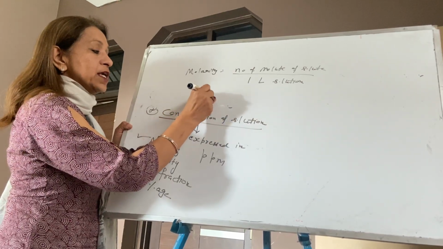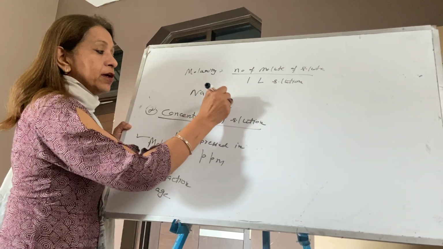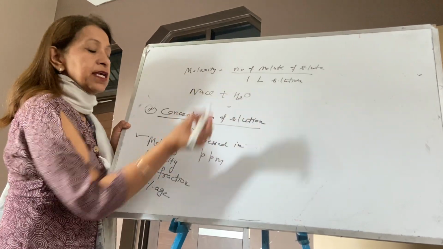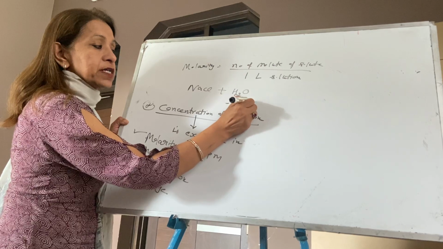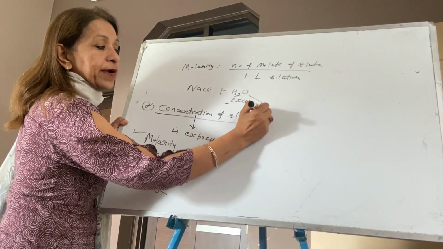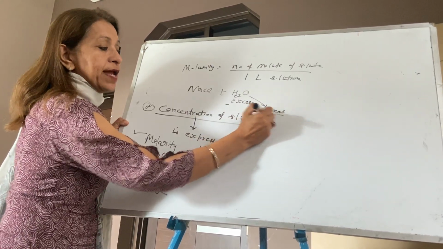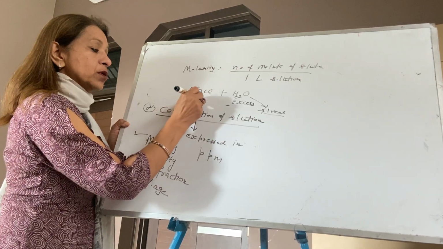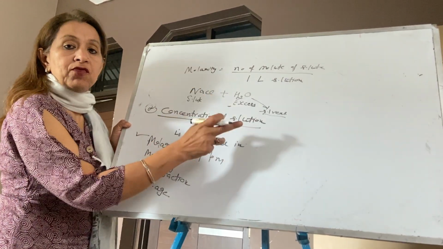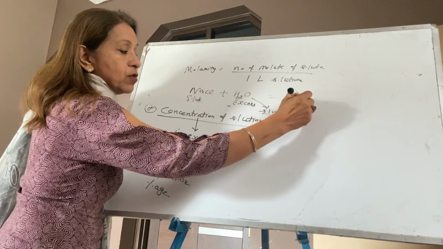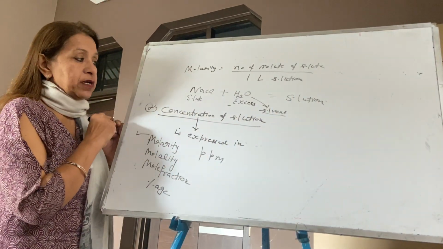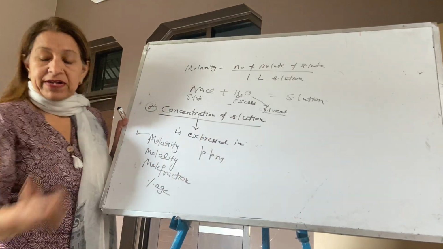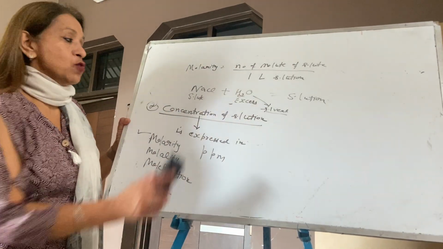If I dissolve NaCl in water, I have taken water in excess. The excess part is always solvent, and the smallest part is solute. A large part is solvent, small part is solute. When solute goes into solvent, solution is formed.